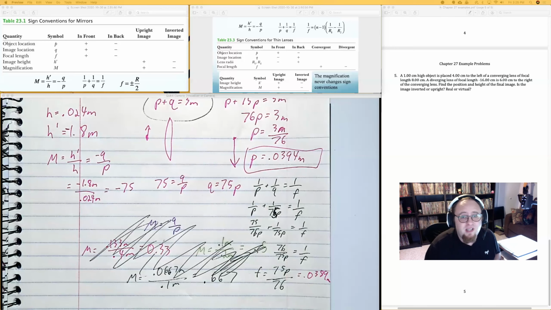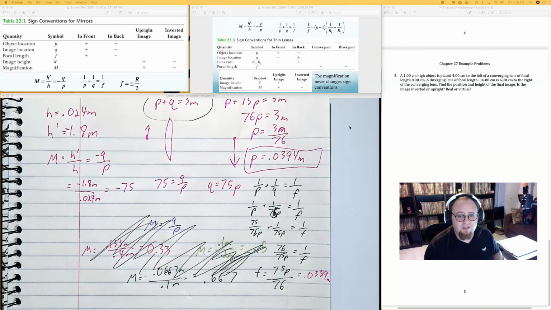Last semester's exam was literally a question about a magnifying glass. Is it a magnifying glass in the homework? I don't remember. It was a pretty straightforward problem. So I think I'm just going to stop there.